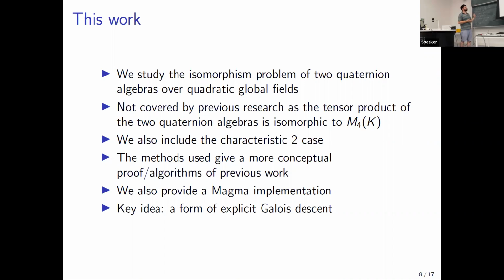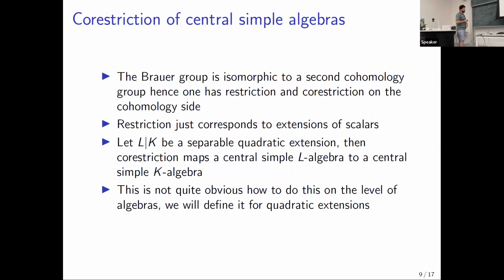But maybe you could do a first step of computing a smaller central simple algebra, which is a subalgebra over a smaller field in the bigger field, ignore all the other information that you have in the algebra, and just work in this smaller thing. This is exactly what Galois descent would do. And the way to achieve Galois descent is through a technique called the corestriction of central simple algebras.